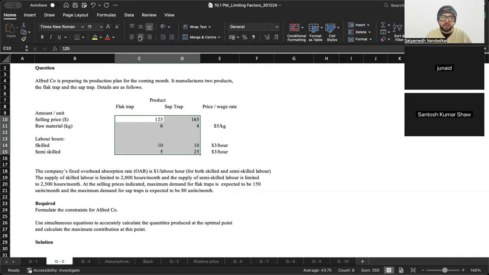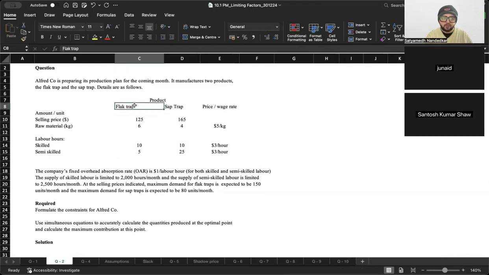What do I mean by all the information? They have told you what is the selling price per unit, what is the raw material required in kg, the rate per kg, the labor hours time, skilled and semi-skilled. The company's fixed overhead absorption rate is $1 per hour for both skilled and semi-skilled labor.